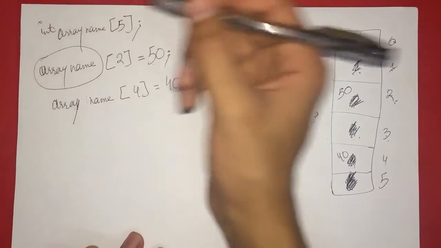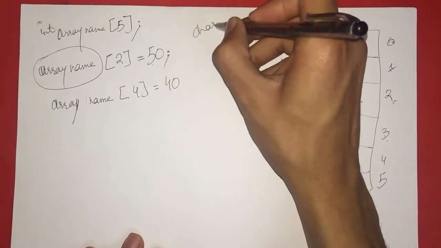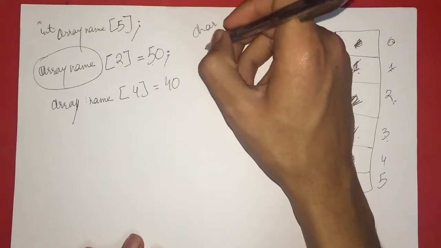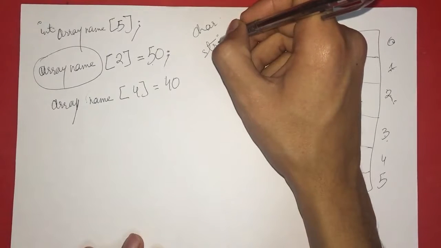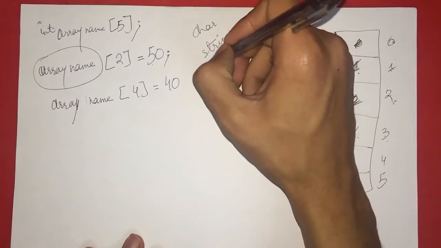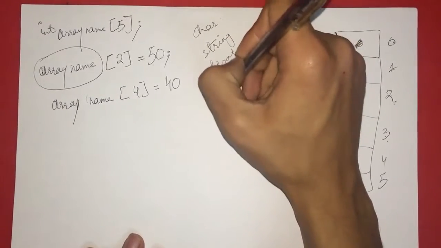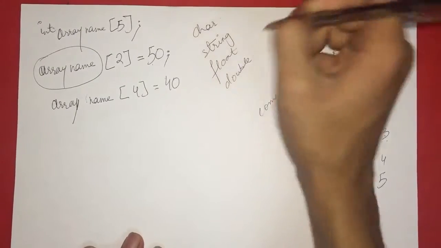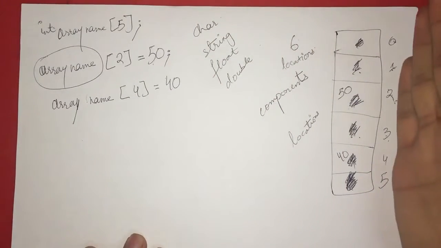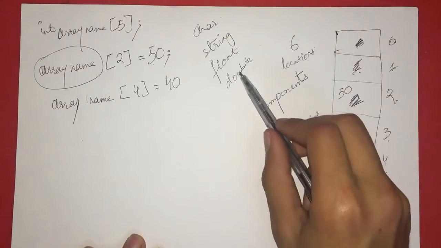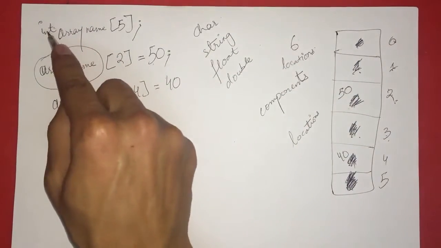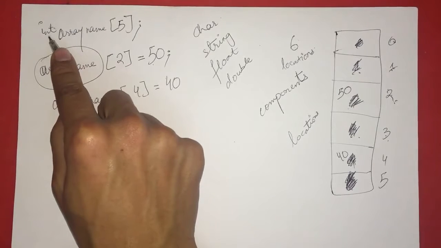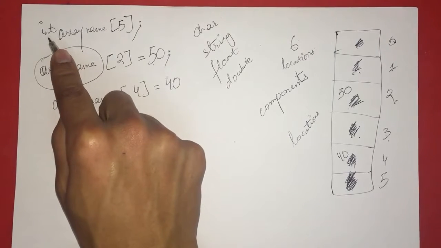For example, instead of int, you can have char for character, you can have string, and this string data type we are going to study a little later in the chapter. You can have float, you can have double. All of these components have got to match the data type you have mentioned at the beginning of the array.